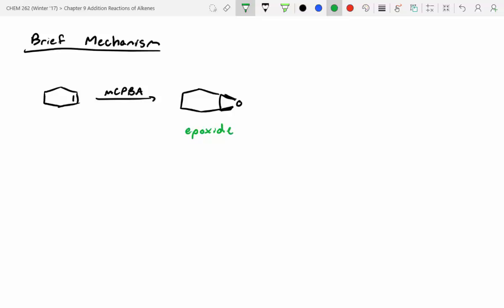What sort of functional group is an epoxide? It's an oxygen between two carbons. It's an ether. So it's a 3-membered ring with oxygen, so it's a fancy ether. Does it look like a very happy ether? No, it is a very, very unhappy ether. The thing I will tell you guys is you don't need to know this mechanism.